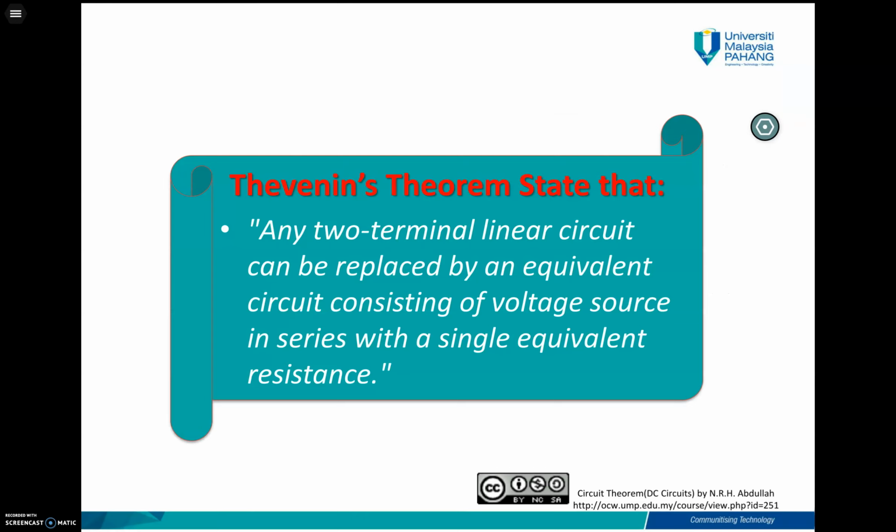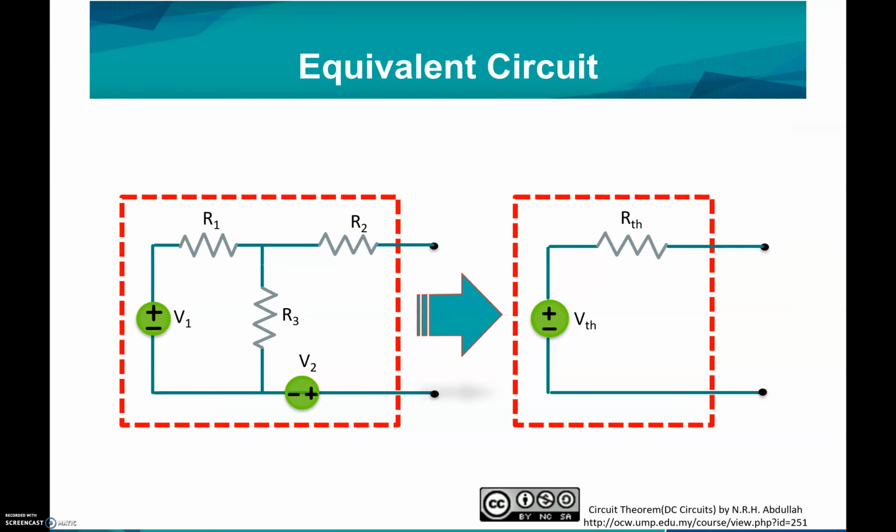Thevenin's theorem states that any two-terminal linear circuit can be replaced by an equivalent circuit consisting of a voltage source in series with a single equivalent resistor. This is the equivalent circuit for the Thevenin.